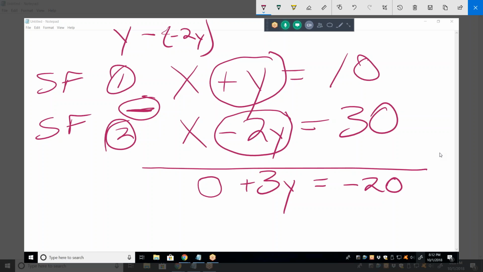You are not getting the problem right if you drop negative signs. Dropping negative signs is the biggest problem I find amongst algebra students. They hate negative signs, so they want to drop them as quickly as possible. You cannot. They're as important as getting the right number. Negative signs are critical. So, what's the answer?